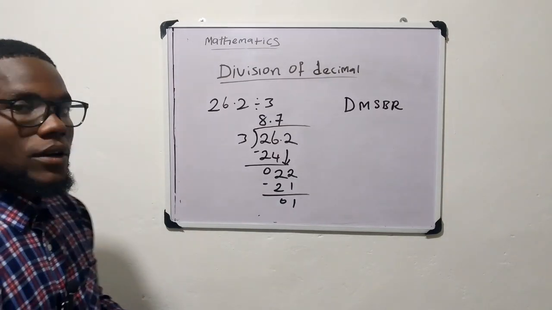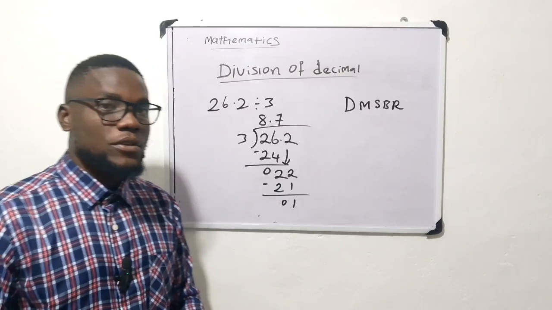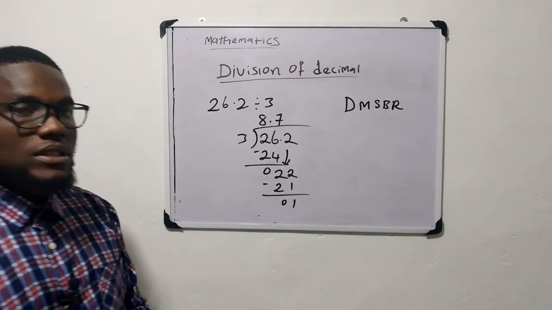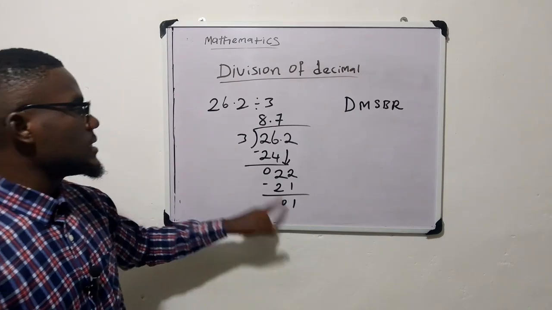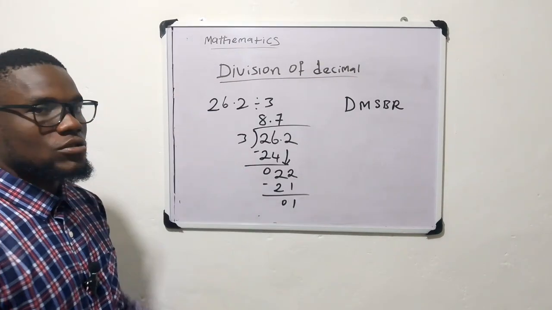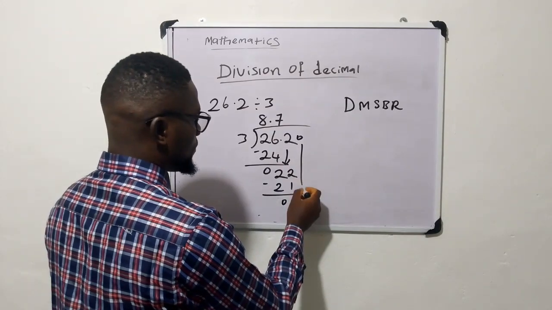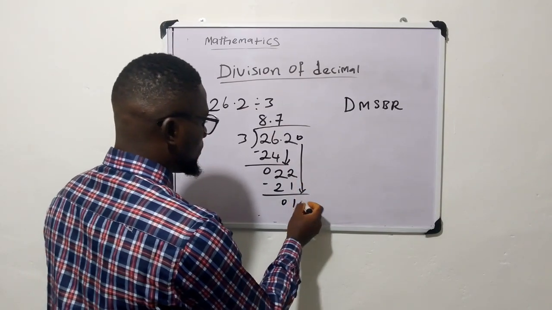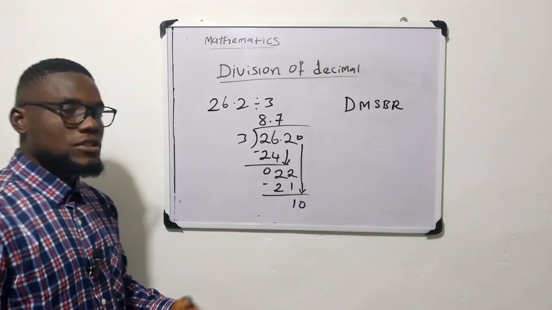All right, now we are going to continue to divide to find out if this is a recurring decimal or a terminating decimal. Now we have 1 here. All right, but you know that 1 is less than 3, so 1 cannot be divided by 3, so add 0 here and we bring down. So you have 10 here. If you like, I can leave this 0, it doesn't change the value.